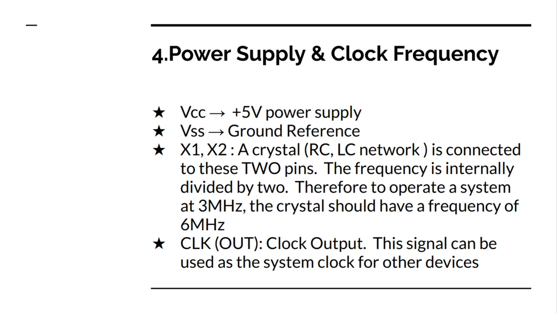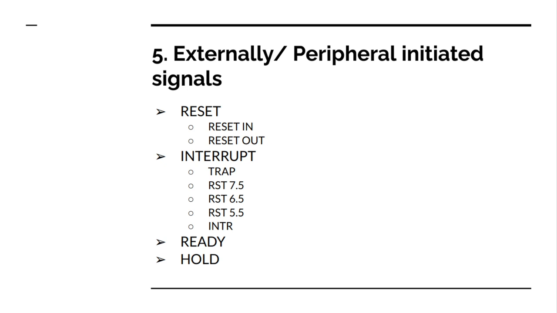Therefore, to operate a system at 3 MHz, the crystal should have a frequency of 6 MHz. Then we have the clock output. This signal can be used as a system clock for other devices. What it means is that it is a clock output, so it serves as a system clock for other devices.